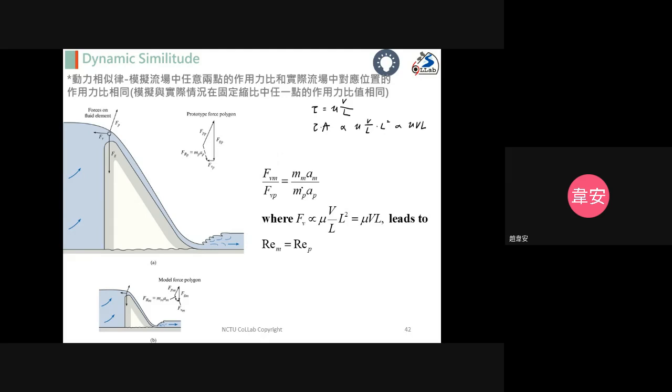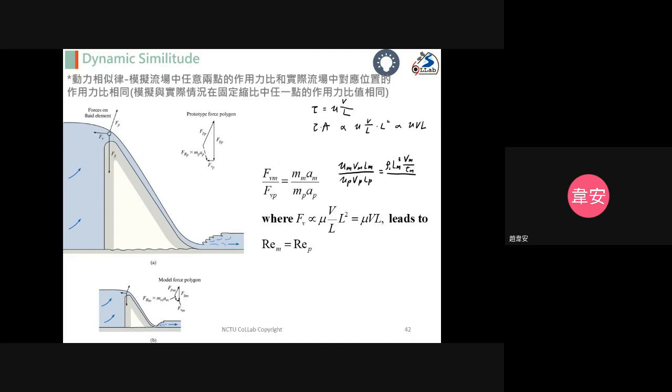So we just make the balance. We know that this is the force equal to the mu_m b_m L_m divided by the viscosity force in the prototype, which is mu_p b_p L_p, is equal to, again we have the mass, so this is rho L_m cubic, and the a_m is the V_m divided by the T_m, and the bottom is the same.